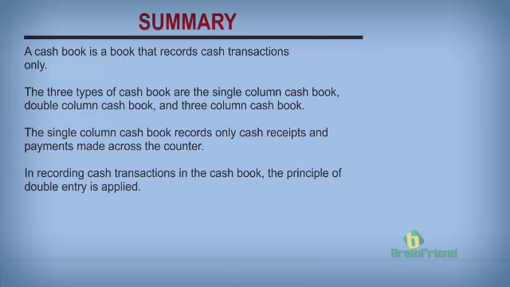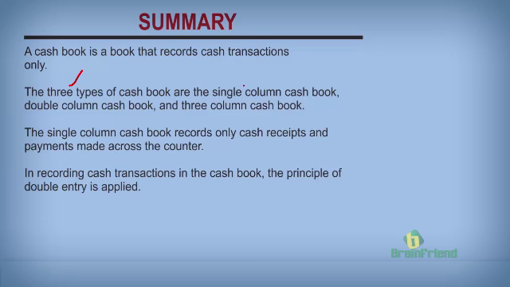In summary, what we have looked at simply explains the single column cash book. We did say a cash book is a book that records cash transactions only. And we also did say that this cash book is of three kinds.